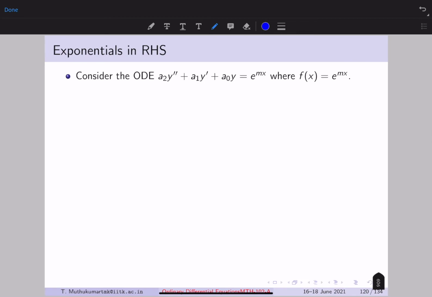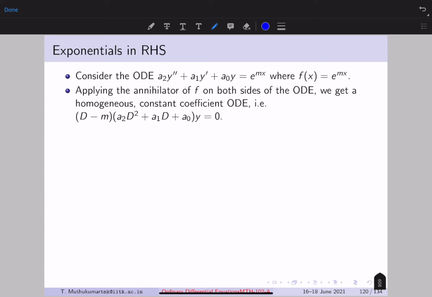Okay, so let's see how we solve. Suppose I have a linear second order ODE where the right hand side is exponential. What do we do? We have to first find the annihilator of f, which is e to the power mx.